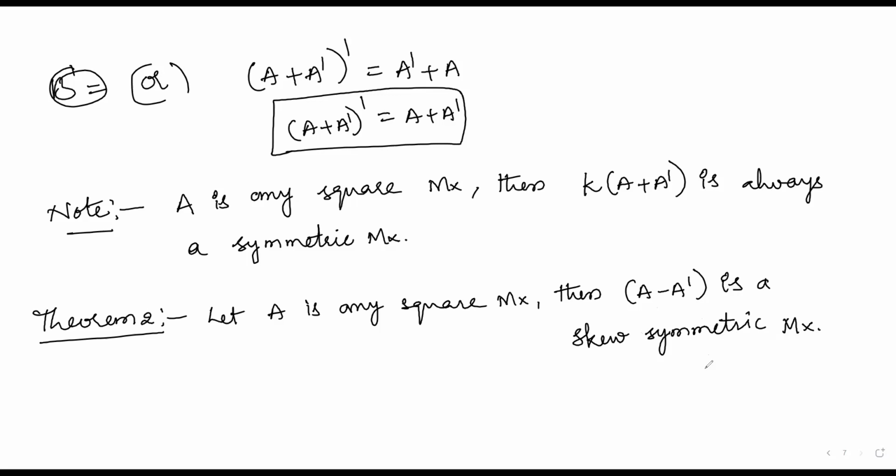For proving this, like the previous one only. What should you assume? Better we assume that way than A minus A transpose each time. So can we take B only? Yes, let B equal to A minus A transpose.